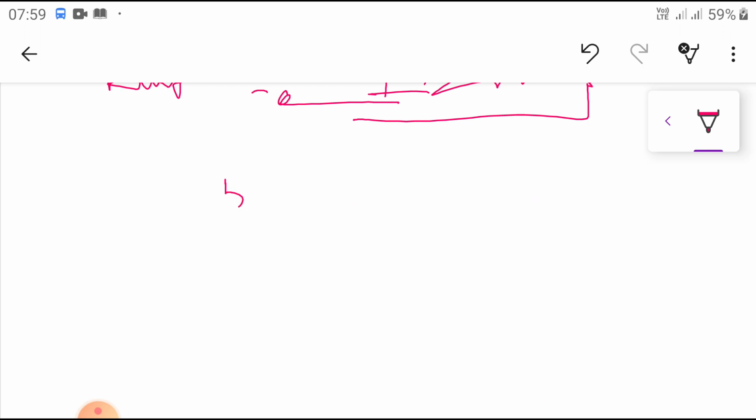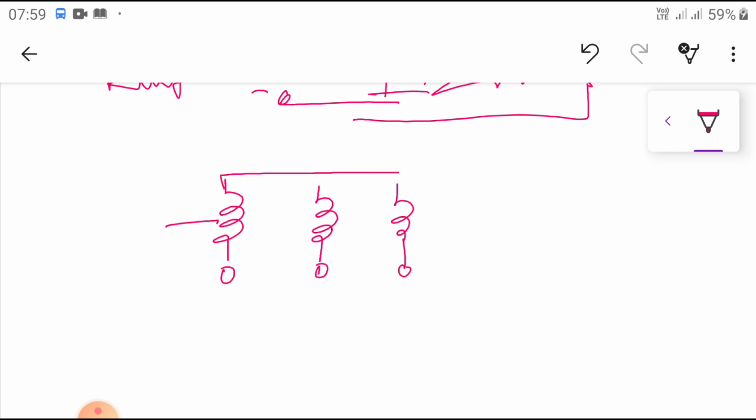Here, students, you can see the winding, R phase, Y phase, B phase is connected here. On the terminals we are all connected. For example, you connect a star, with the number of turns connected here, here, and here, two terminals connected.